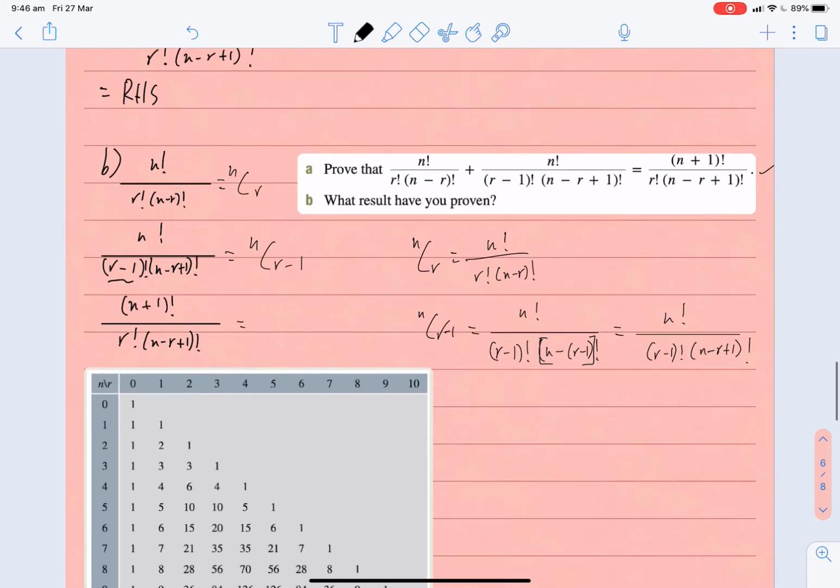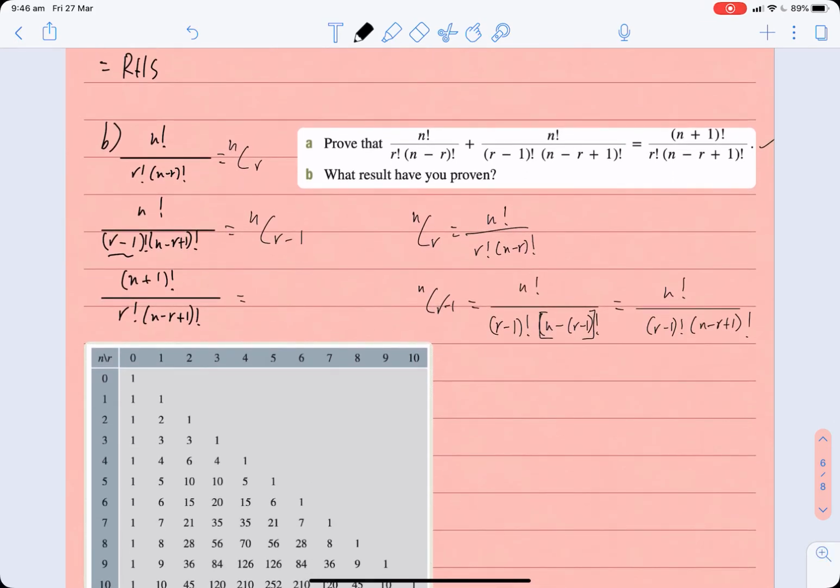The last one here is a little bit complicated. If it's a similar thing, we can just do exactly the same. So instead of n elements, you have n plus 1 elements this time. Choose r, so it will be n plus 1 on top, so (n plus 1) factorial over r factorial times the whole thing on top minus r, (n plus 1 minus r) factorial.